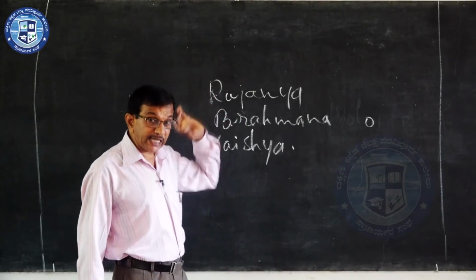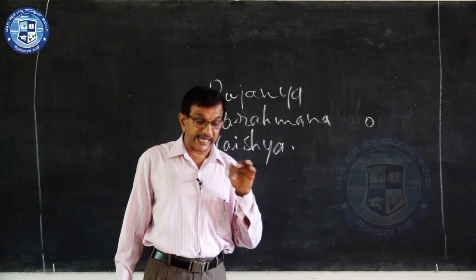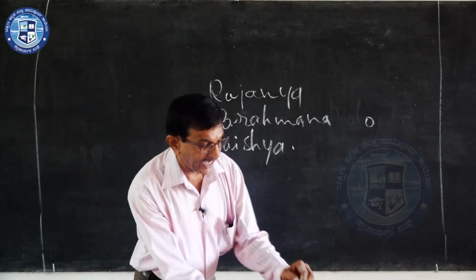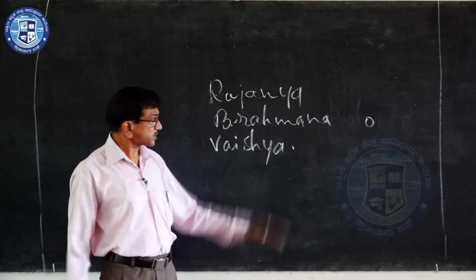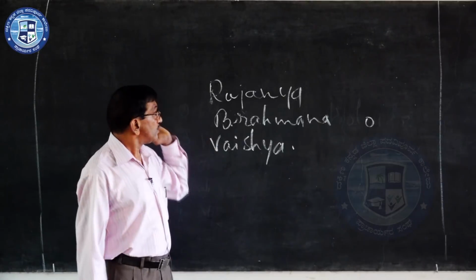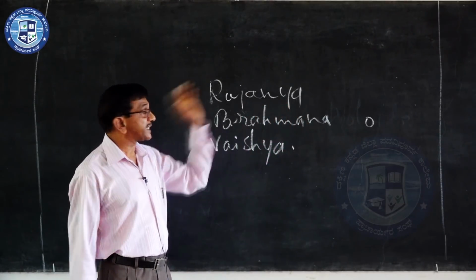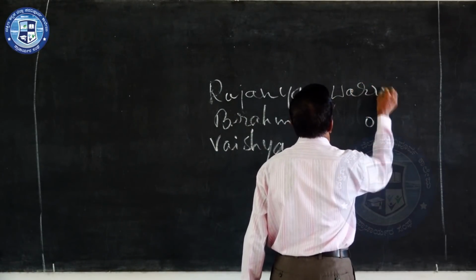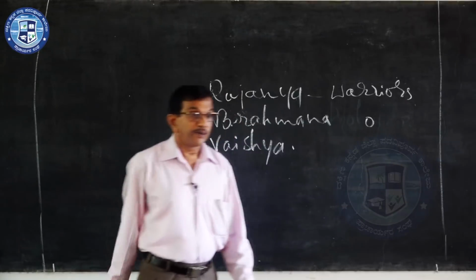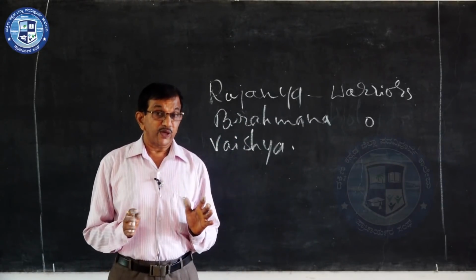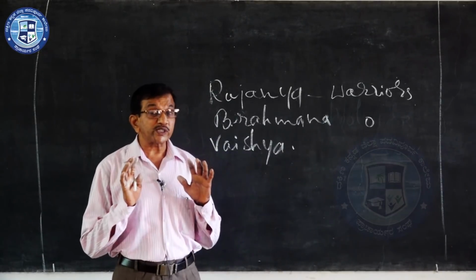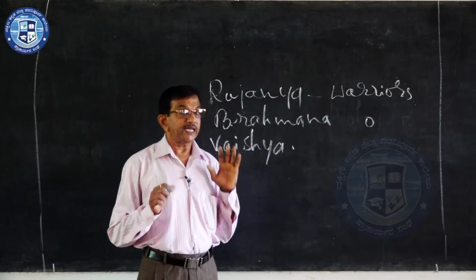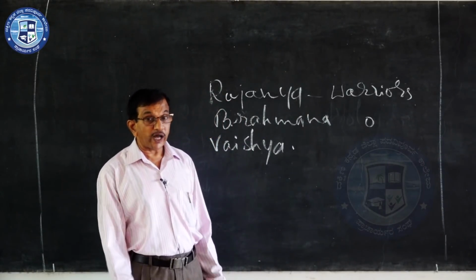Among the Aryans, based on the necessity and need of society, these three groups existed. What is the necessity of the Rajanya group, who are called warriors? They must protect the country, the nation, and provide protection to the people, and be ready to fight.